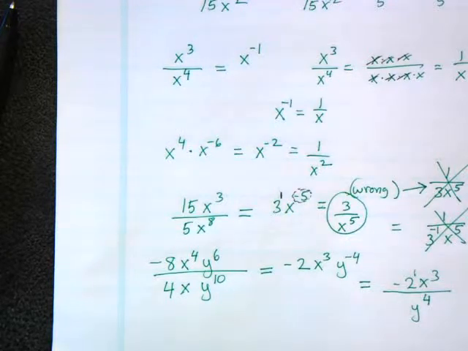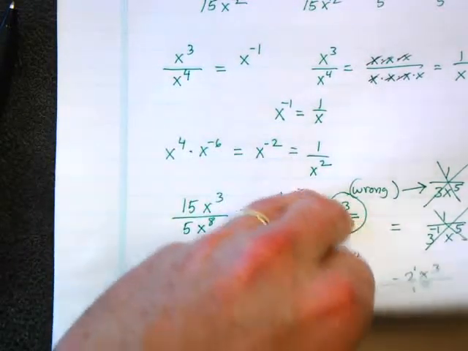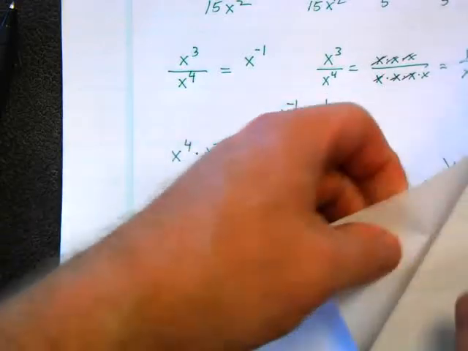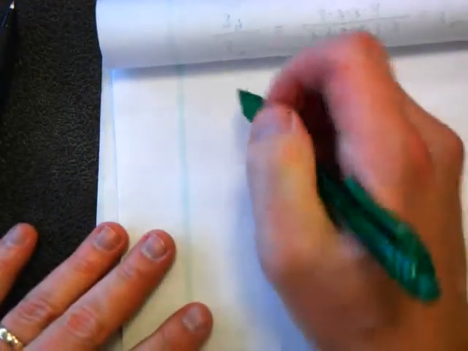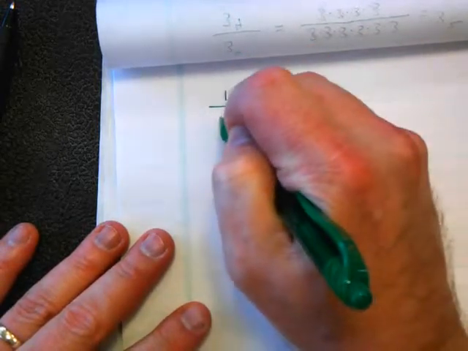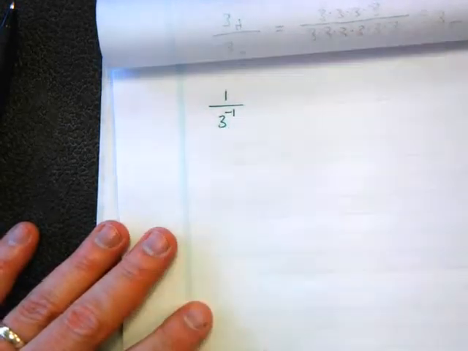Questions on that? What if I had a negative exponent but that negative exponent was already on the bottom?